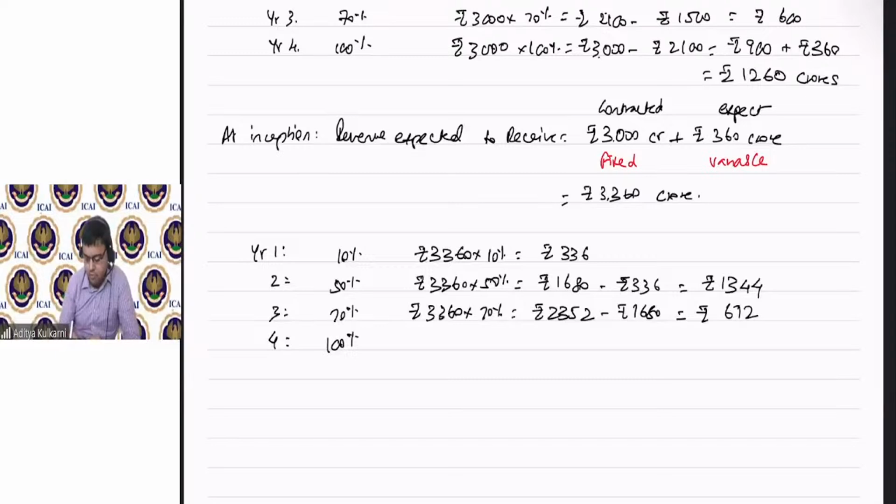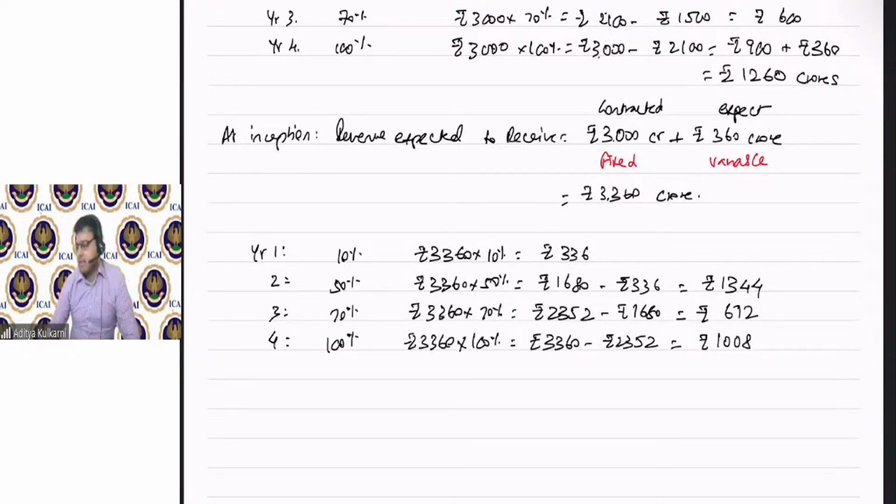I am going to book here 672. And finally, 3,360, 100% is complete. So 3,360 minus 2,352 gives you 1,008.